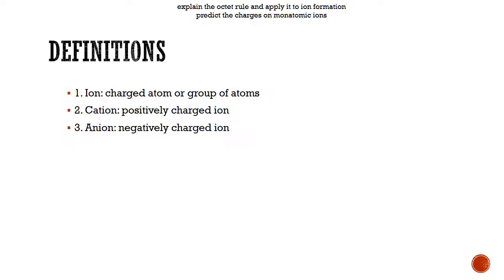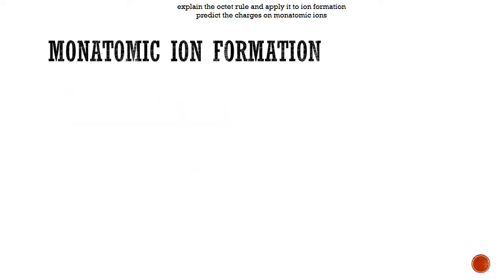Anions are negatively charged ions, and monatomic ions are ions that are composed of just one atom. Notice the prefix mono there, meaning one. And in this particular video and lesson, we will only be looking at monatomic ions. Again, ions composed of only a single atom.